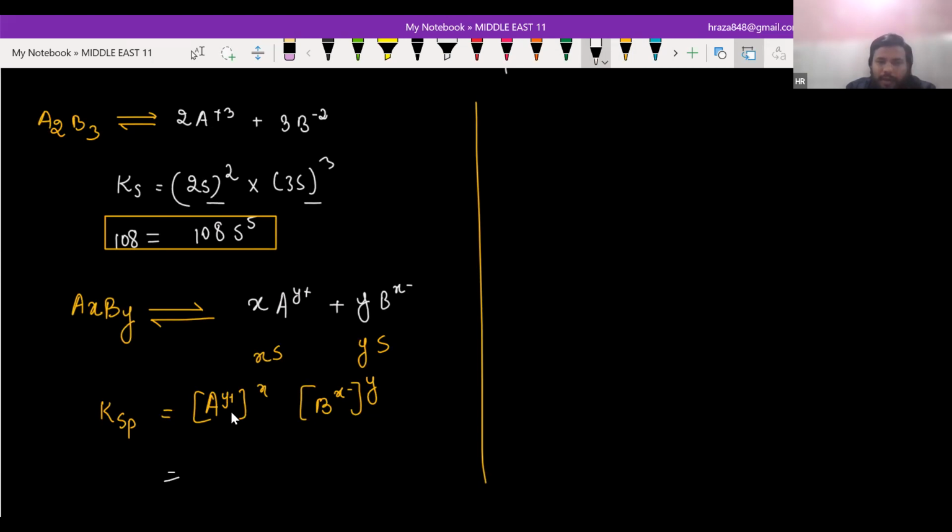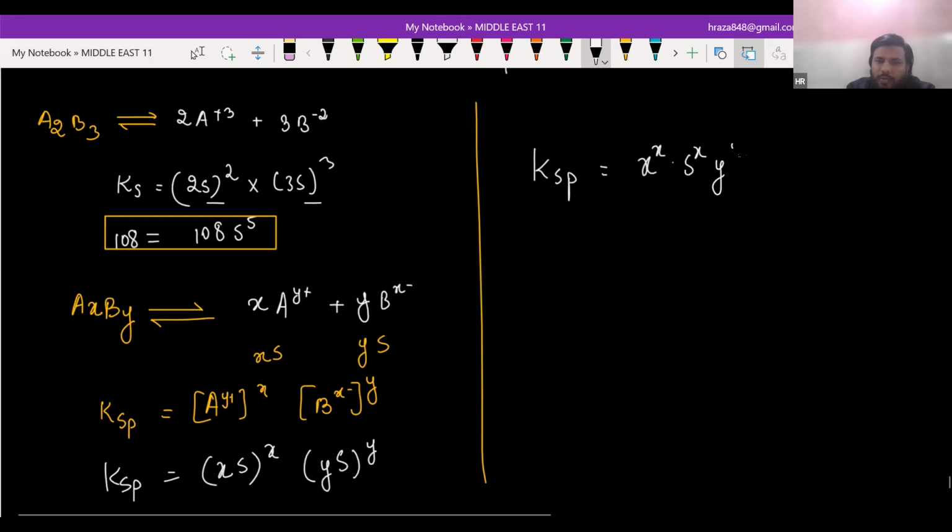Now the concentration of A^(y+) has a value xS, with power x, and B^(x-) will be yS with power y. Now we can also simplify it. Ksp will be equal to x raised to the power x, S raised to the power x, y raised to the power y, S raised to the power y.